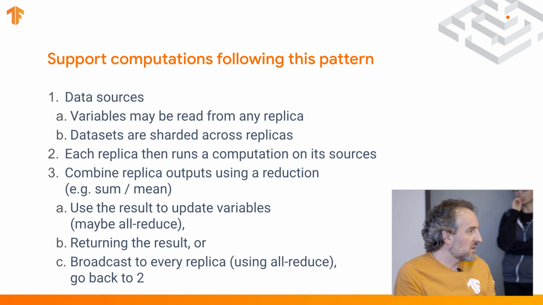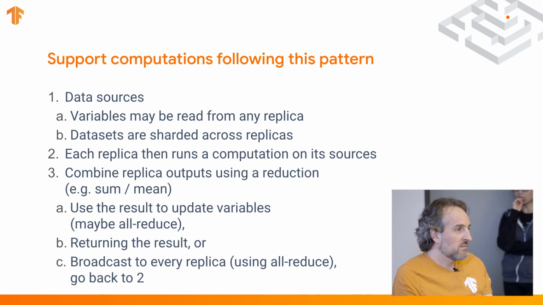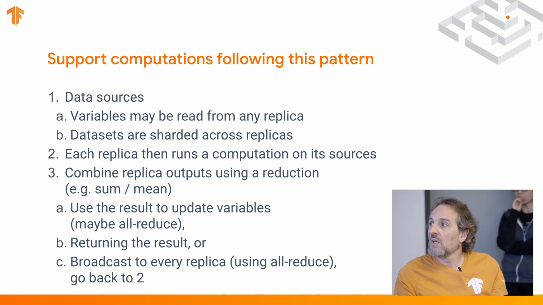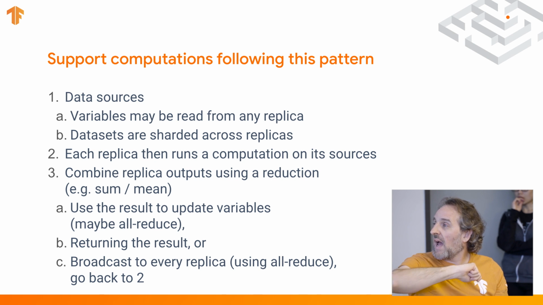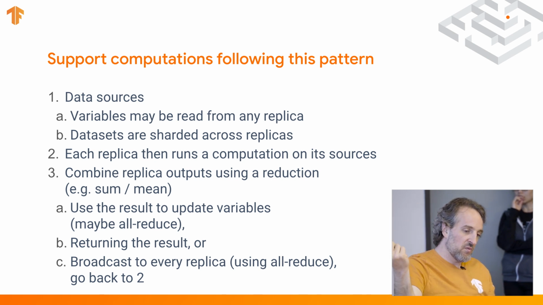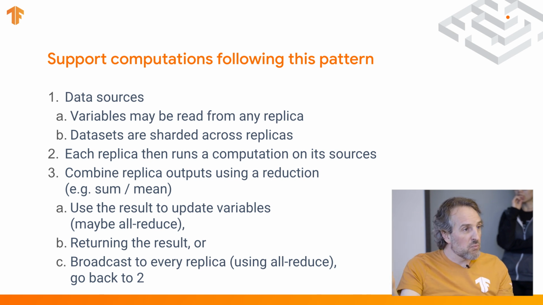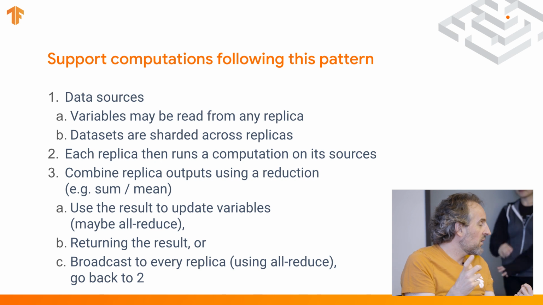Now, what do you do with that reduction? If you are using an optimizer, you add all the gradients you get from all the different replicas, and then broadcast that reduced value to where all the variables are.